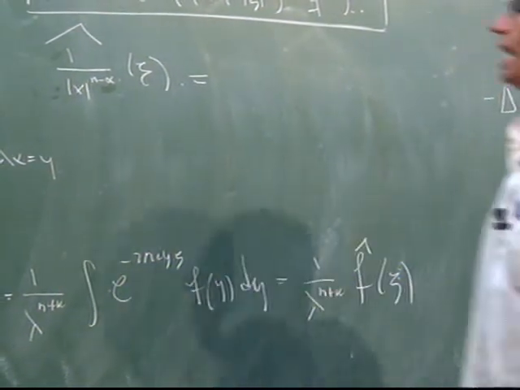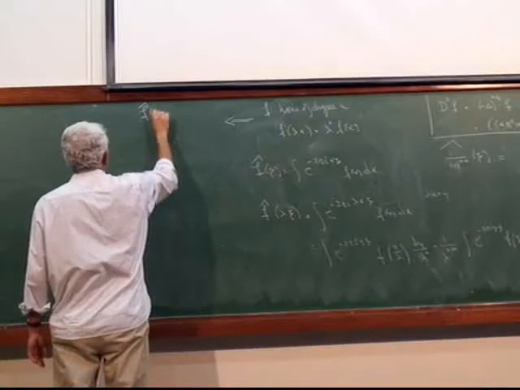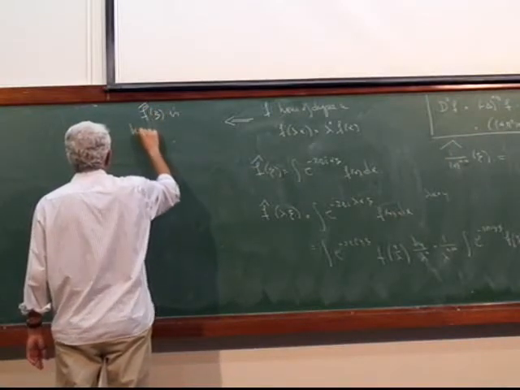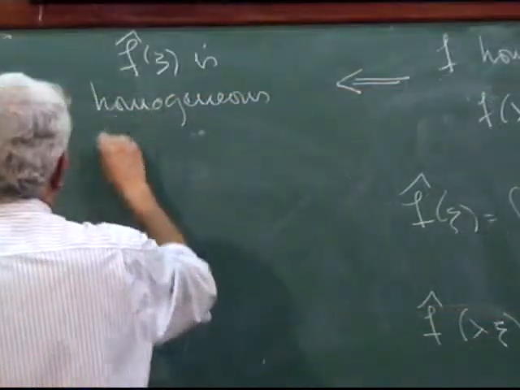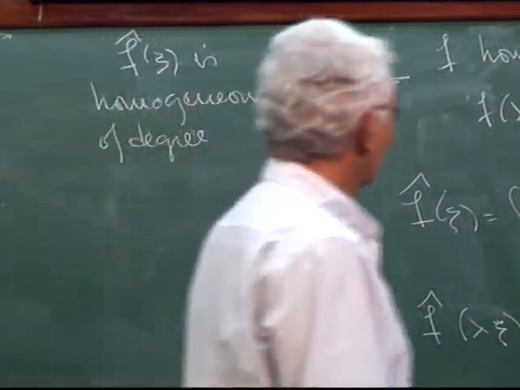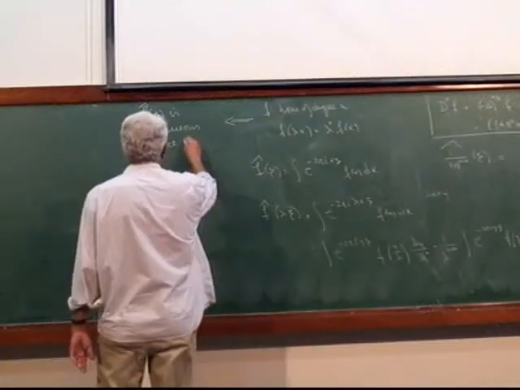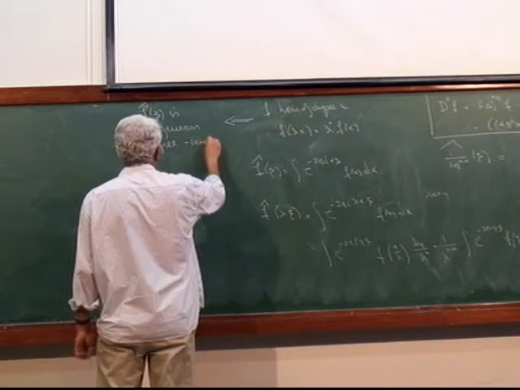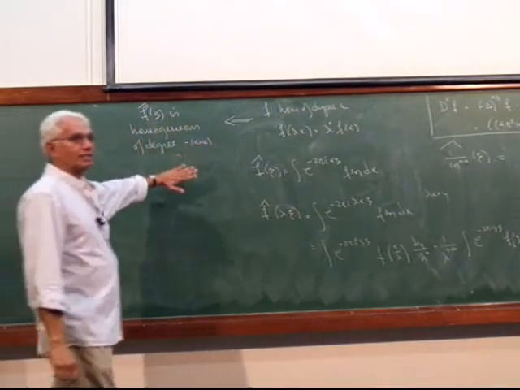Then we have that if f is homogeneous of degree k, it implies that the Fourier transform of f is homogeneous of degree, what is the degree? Minus n plus k. Does that make sense? You have to help me to be sure that I get the right number. Okay?